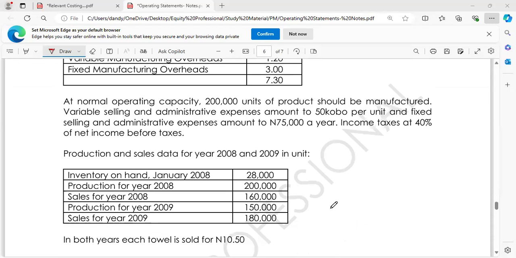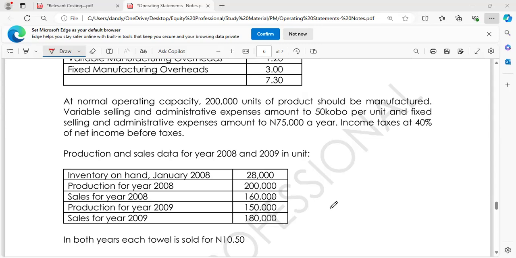At normal operating capacity, 200,000 units of products should be manufactured. Variable selling and administrative expenses amount to 50 kobo per unit, and fixed selling and administrative expenses amount to 75,000 naira a year. Income taxes at 40% of net income before taxes.